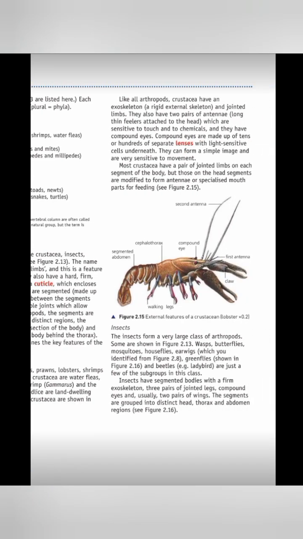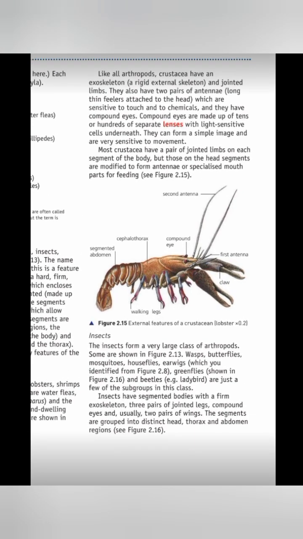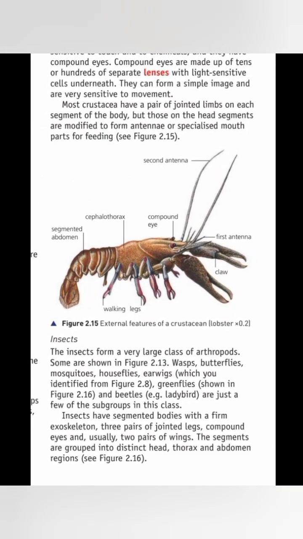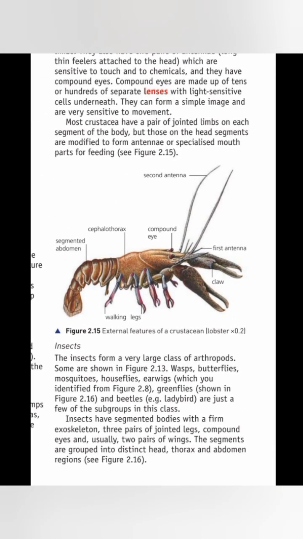Like arthropods, crustaceans also have an exoskeleton, have jointed limbs and have two pairs of antennae. The two pairs of antennae are long thin feelers attached to the head. These are the antennae, the first antenna and the second antenna. You can see in the diagram. Next, they have compound eyes, and they usually live in water.